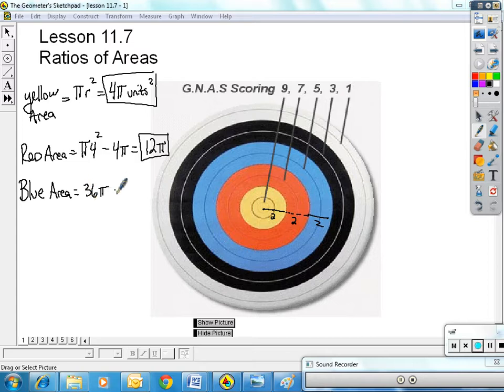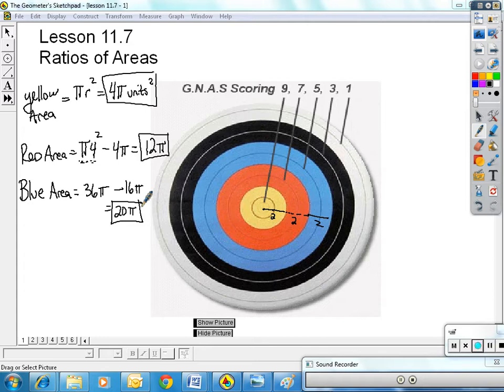And then I'm going to subtract all of what is bounded by the red circle. What was that? Well, that was 4 squared pi, or 16 pi. We subtract those, and we get 20 pi. Well, we can continue to do this, so on and so forth. Do it for the black, do it for the white.